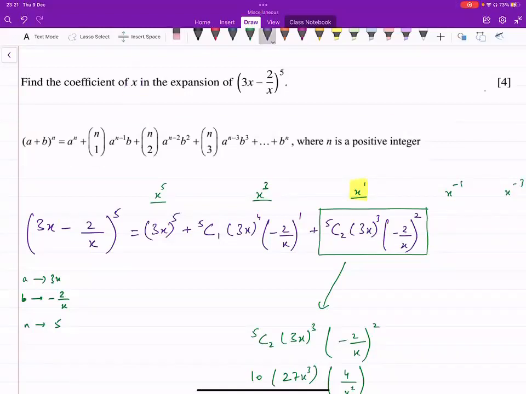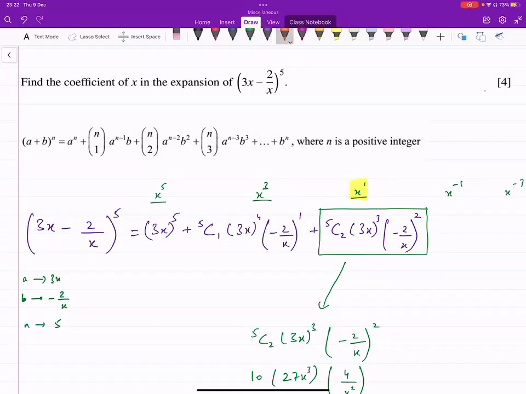Okay, so a lot of times you will find the required term in the first few terms. However, if you do not find it in the first few terms, you'll have to expand a bit more. Uske liye we can use a trick, and that trick is the powers that you will be getting in binomial expansion, they always follow a pattern.